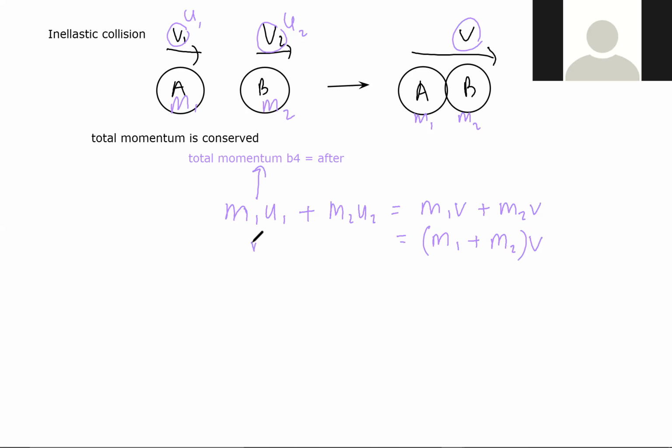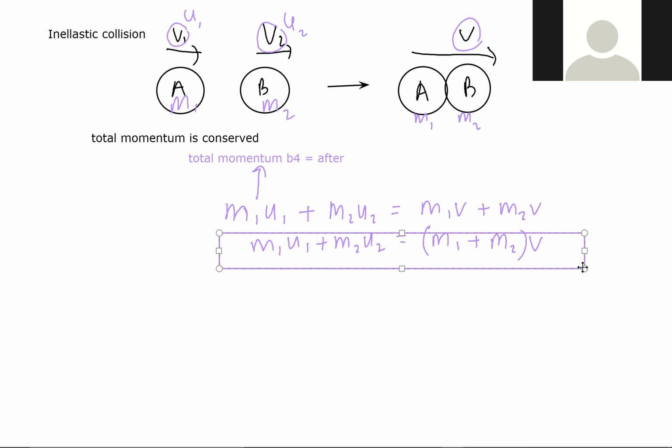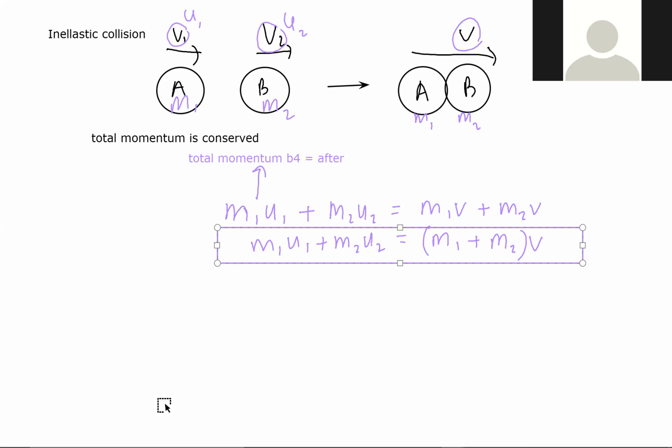Okay, so m1 u1 plus m2 u2. So this is your equation of momentum for inelastic collision. Okay, share the same velocity.